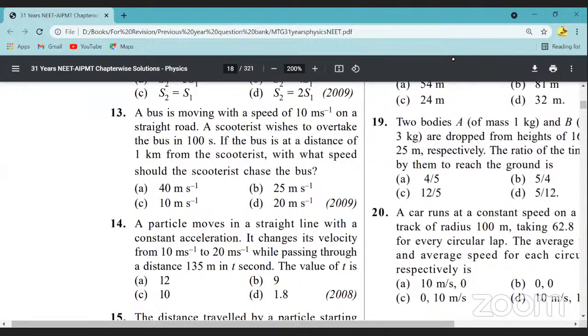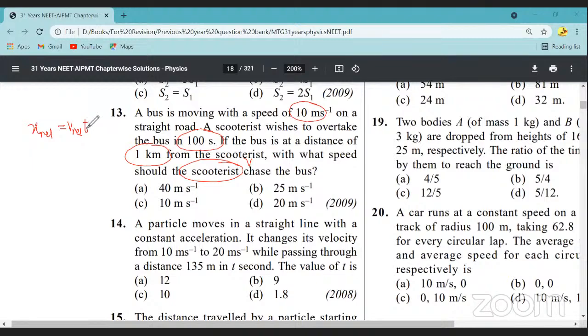Question number 13 is a question of relative velocity. The speed of the bus is 10, and let the speed of the scooter be v. Separation 1 kilometer, time to overtake 100 seconds. We know x relative equals v relative into t.